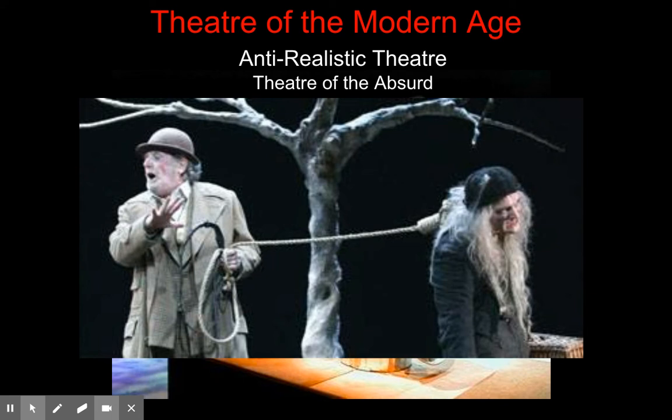Waiting for Godot is an excellent example of a play: two characters on a bare stage. It's got a simple tree and a bench, and they are simply waiting for a third character to show up who never does. And there are other characters that do show up, and it's pretty nuts.